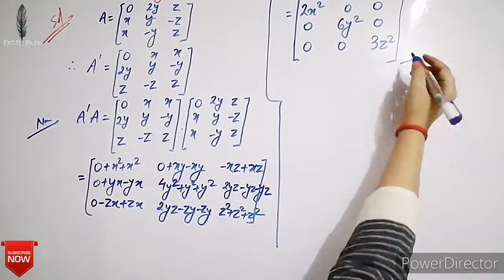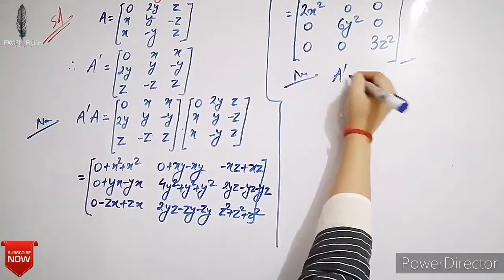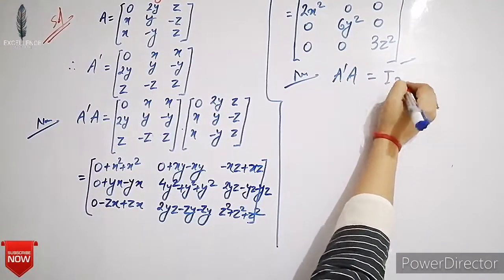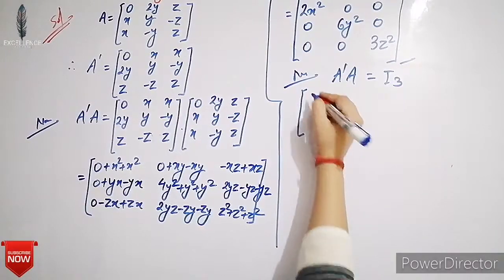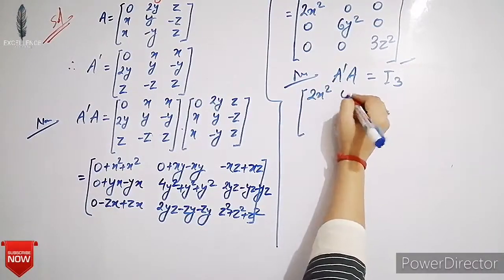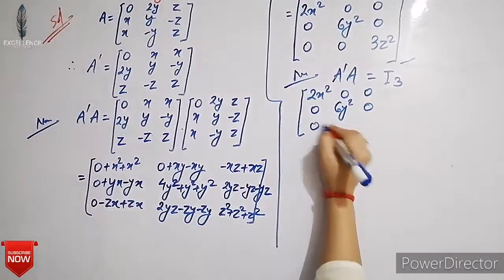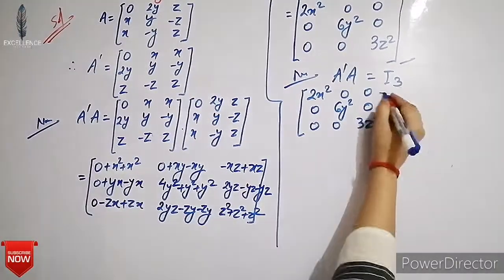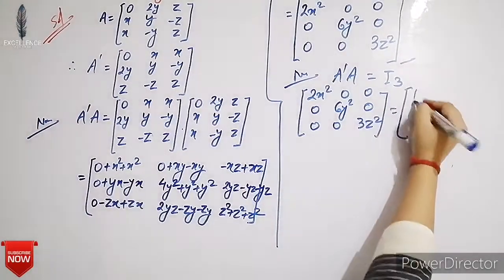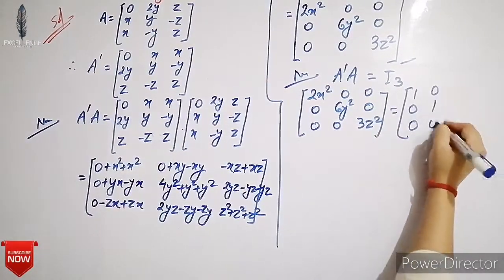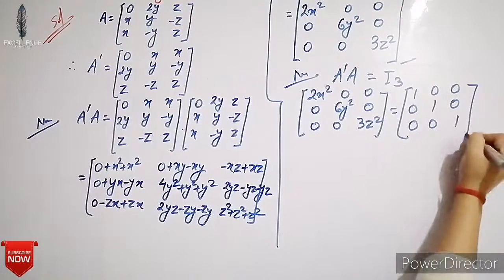Now A'A equals I3, where I is the identity matrix of order 3. So put the value of A'A equals 1 0 0, 0 1 0, 0 0 1.